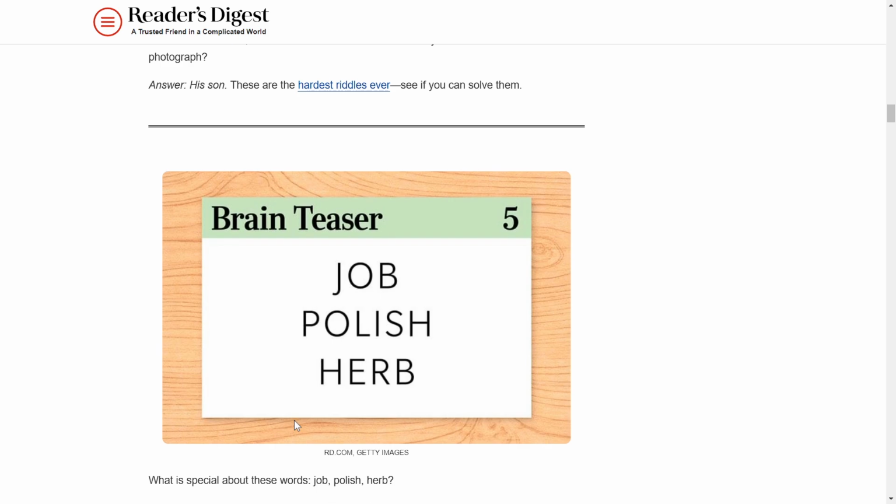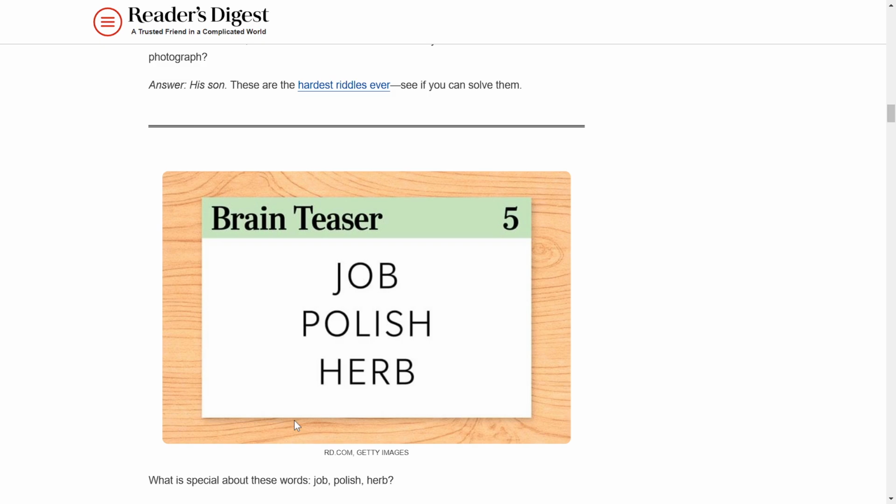Drop, polish, herb. Does the letter that each word starts with match the previous word's ending? No, it's not. Drop and herb don't share that.